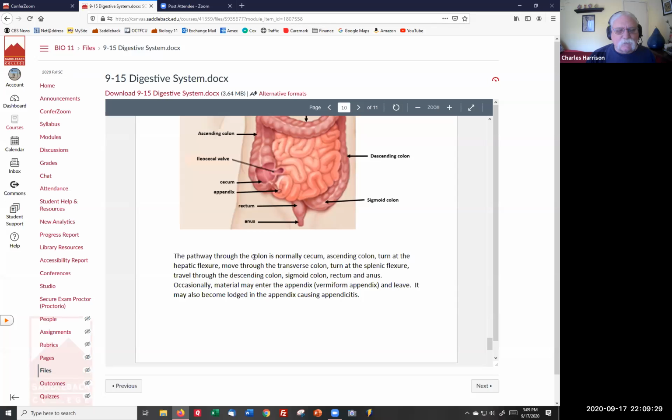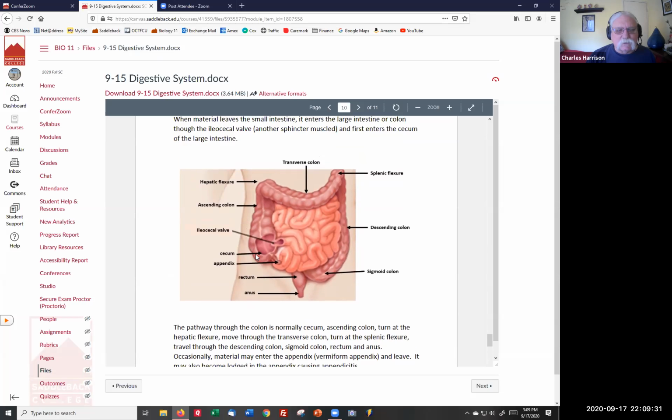Okay, the pathway through the colon. This is the colon. I didn't use that term, but it's the same as the large intestine. It goes through the cecum first, then upwards through the ascending colon on your right side. Then there's a sharp turn called the hepatic flexure.